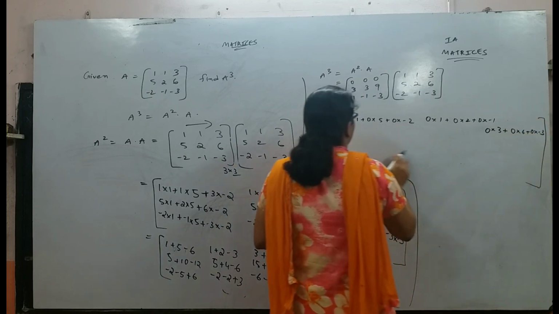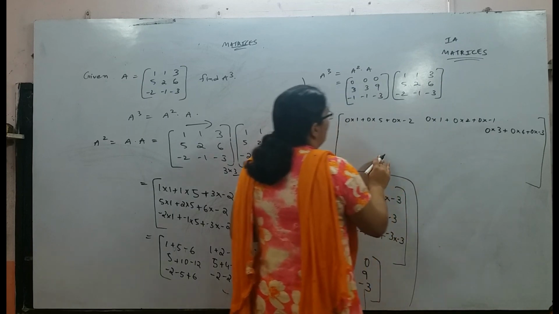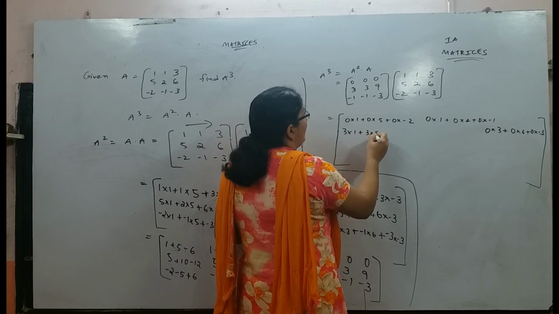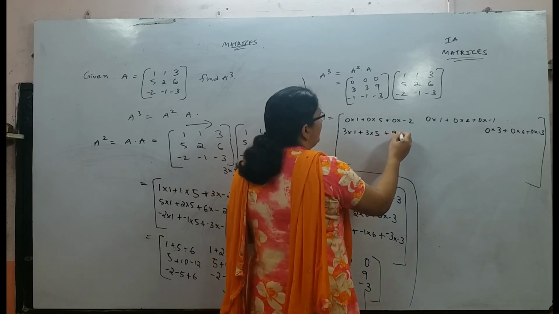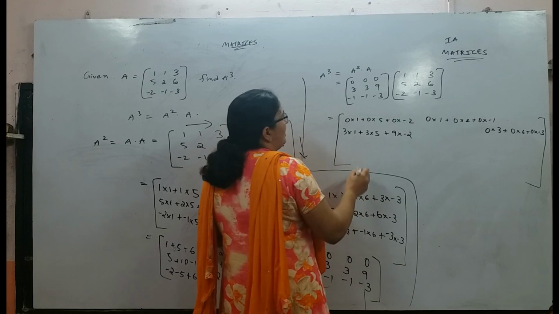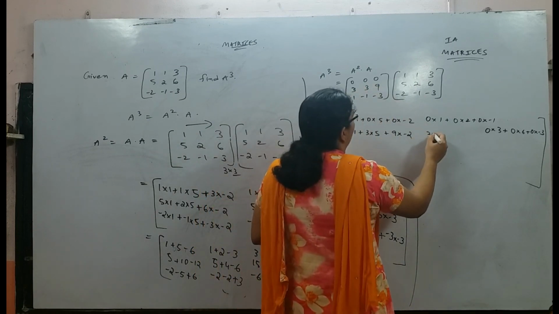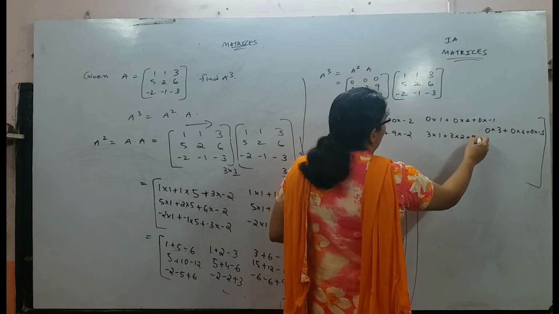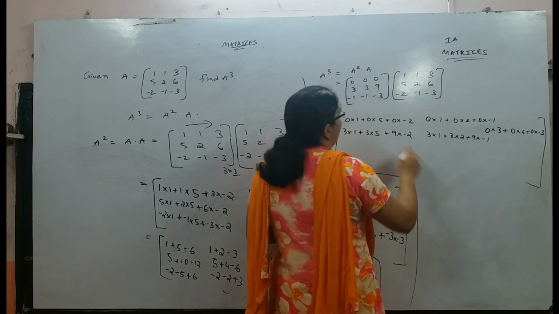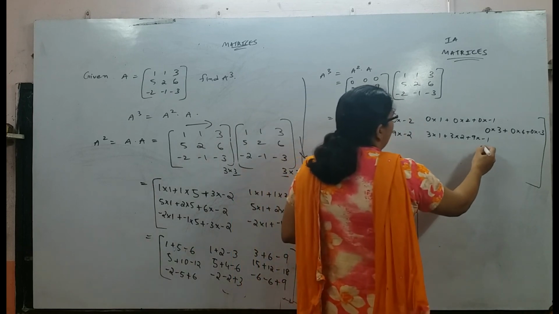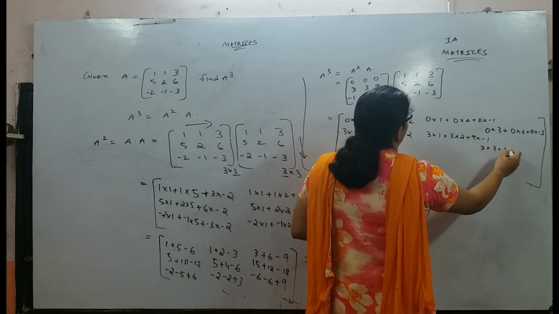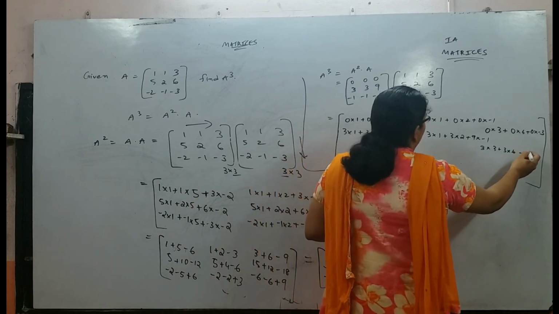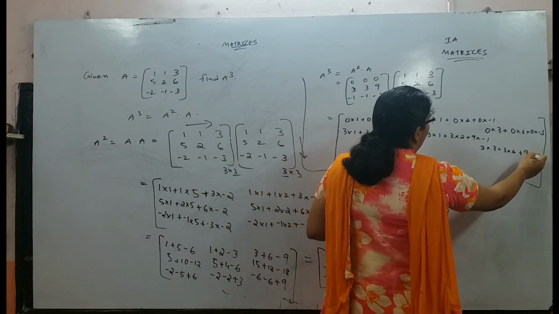This is the first row. 3 into 1 plus 3 into 5 plus 9 into minus 2. Next, 3 into 1 plus 3 into 2 plus 9 into minus 1. Next, 3 into 3 plus 3 into 6 plus 9 into minus 3.